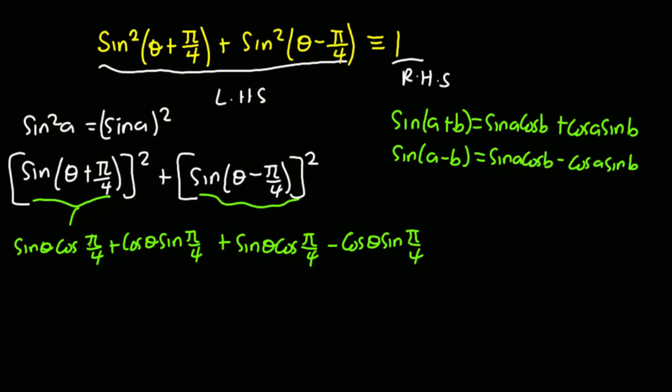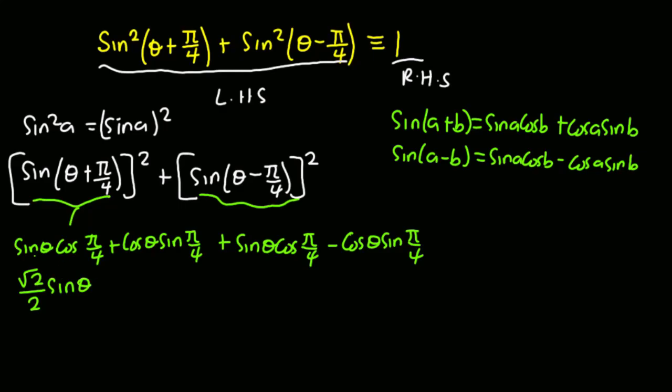Remember that pi here is 180, and so 180 divided by 4 is 45, and cos 45 is root 2 on 2 according to the calculator. So this gives me root 2 on 2 sine theta.